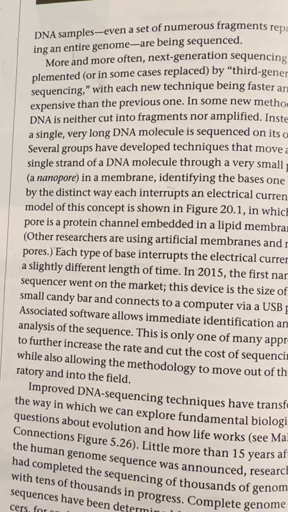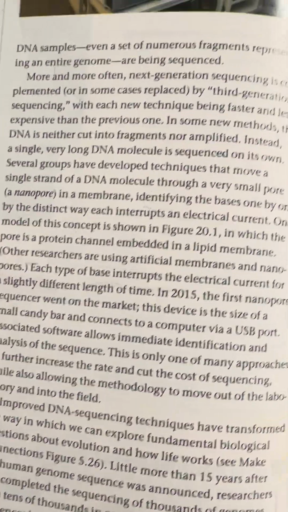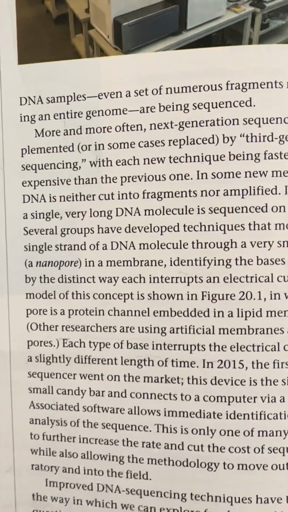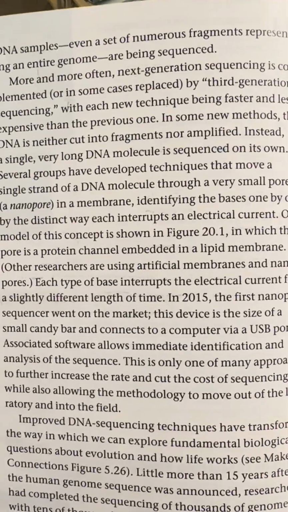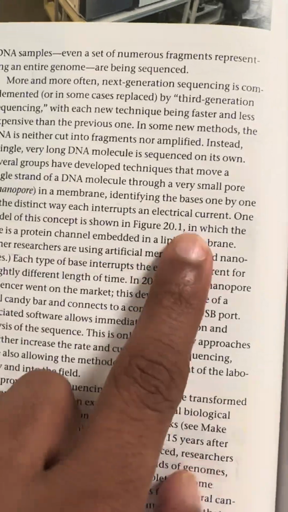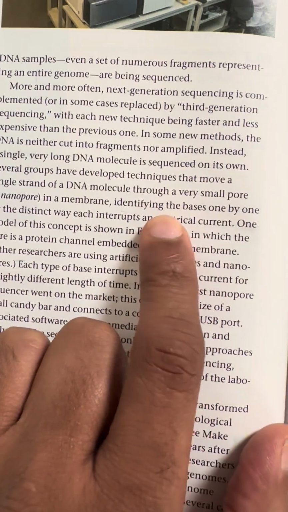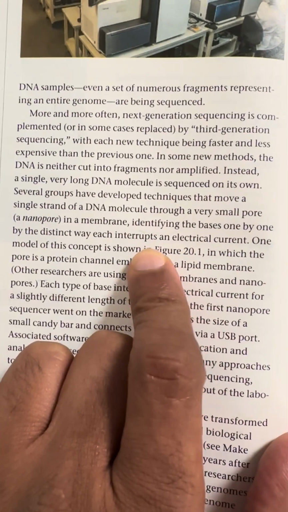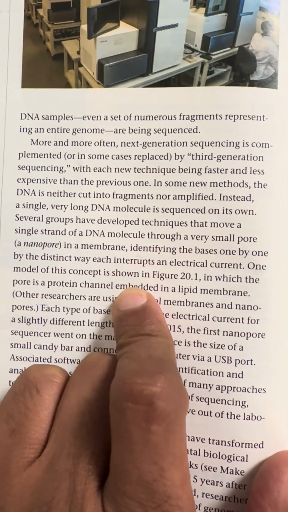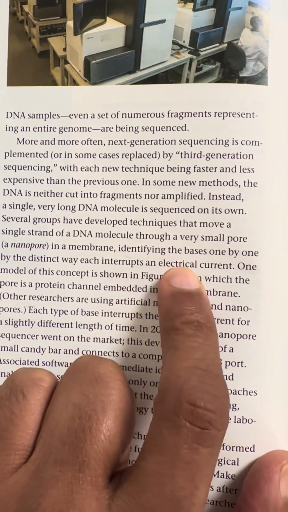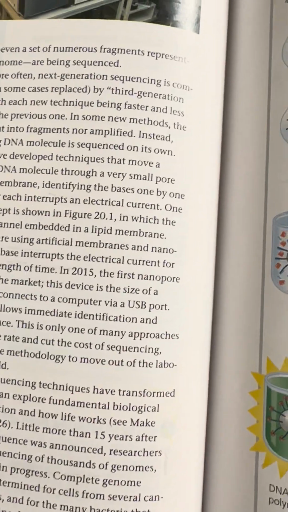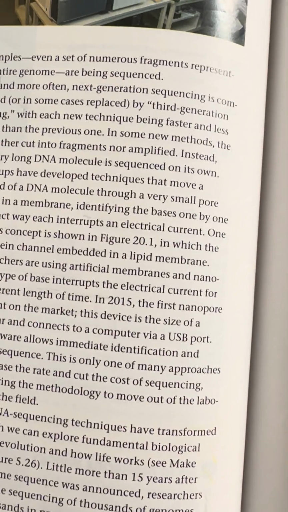What you do is you take an unknown piece of single-stranded DNA and pass it through a very small pore, and then identify the bases one by one by the distinct change in the electrical current, because each base interacts with the current differently.